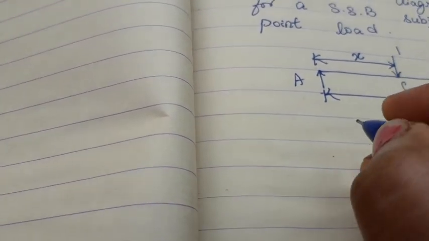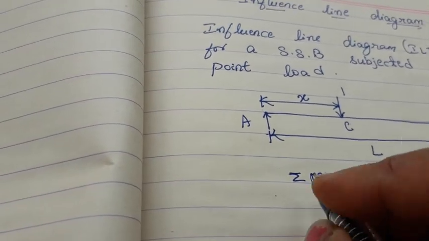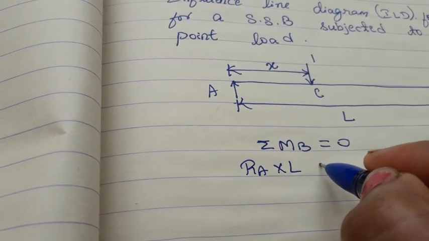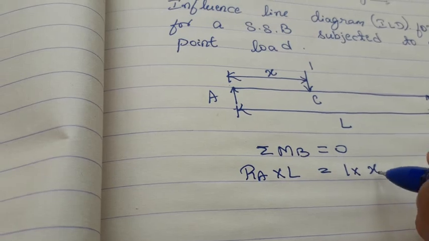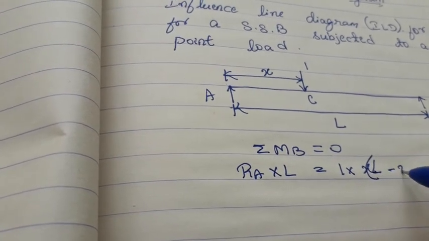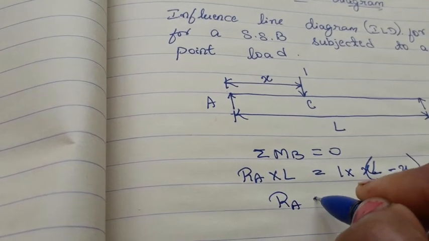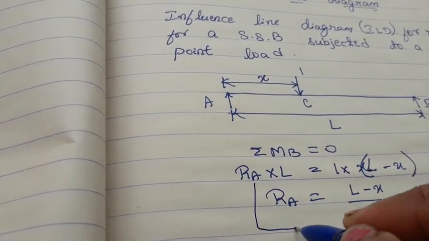Let us take sigma MB equal to 0. Ra into L is equal to 1 into (L minus x). So from this we get Ra is equal to (L minus x) by L.